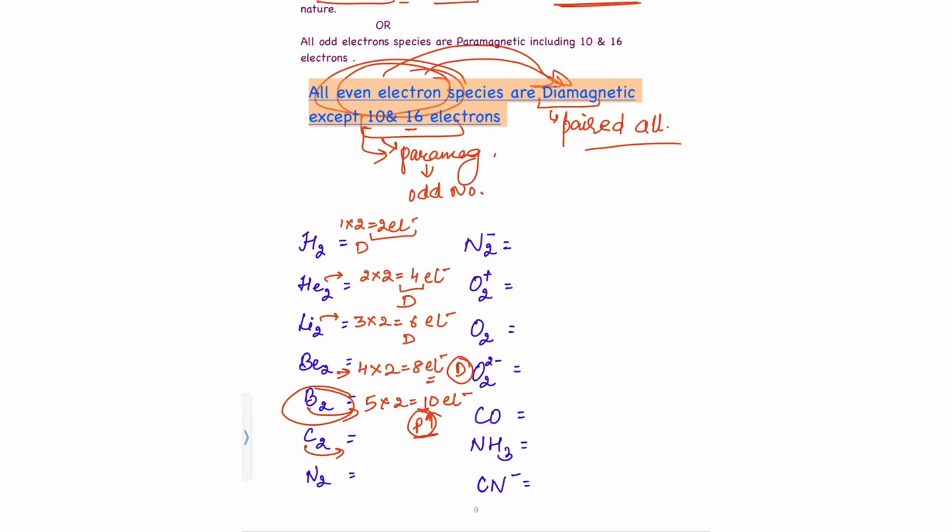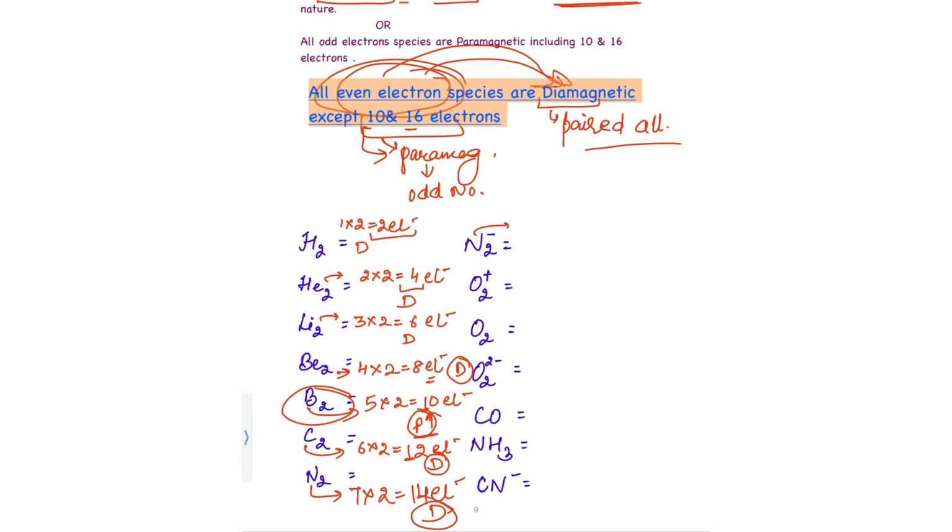Carbon, 1 carbon contains 6 electrons and 2 will contain 12 electrons, because electrons are even in number, again diamagnetic in nature. Nitrogen, 1 nitrogen contains 7 electrons, 2 contain 14 electrons, again diamagnetic in nature.